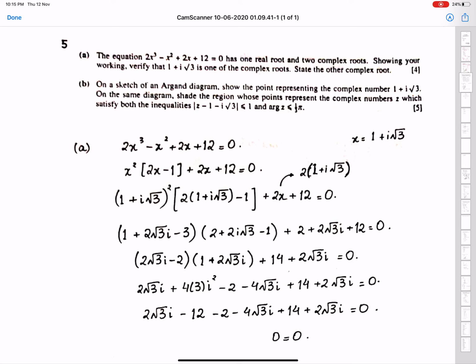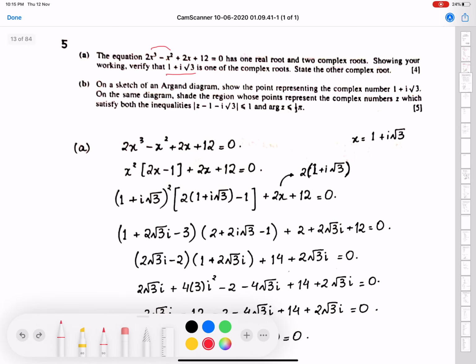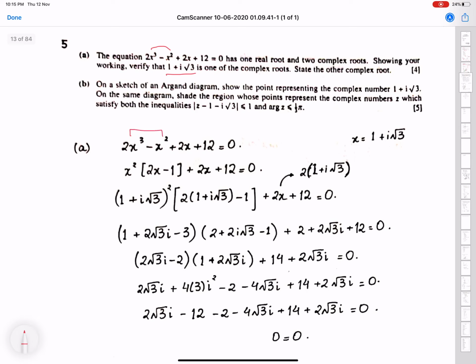So in order to substitute this, we first need to simplify this equation, because it's difficult to expand the cube. Therefore, we need to take x square common from these two brackets, so that we can easily substitute the value of x, which is 1 plus i root 3.